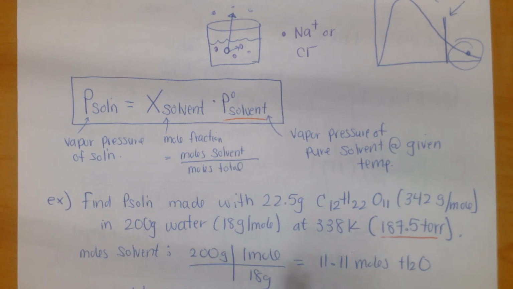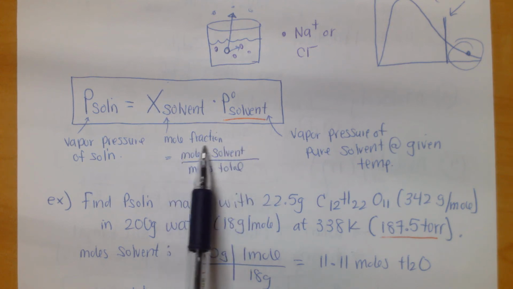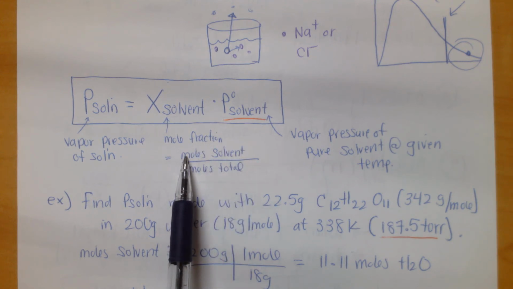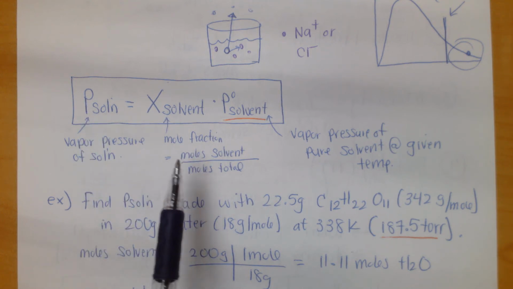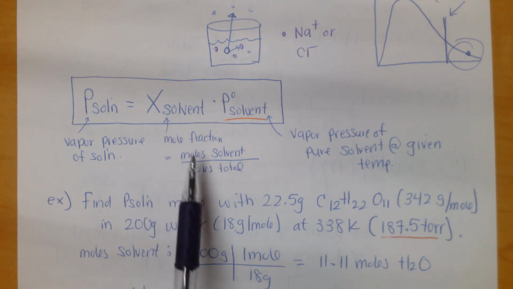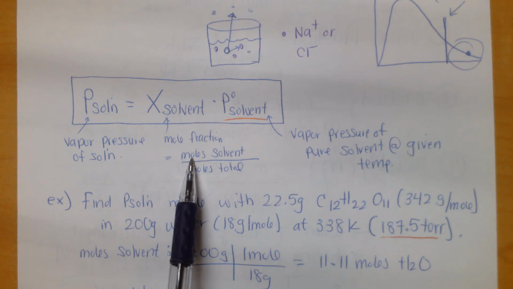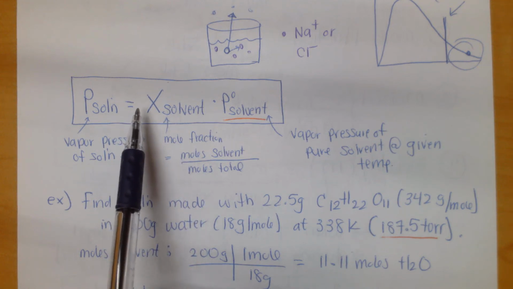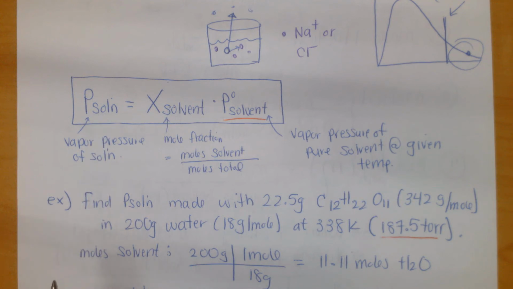Okay, so what this says is essentially, the more solute you put in, I'm so sorry, I did this backwards, the more solute you put in, the less this is going to be, and the lower the vapor pressure of your solution is going to be.